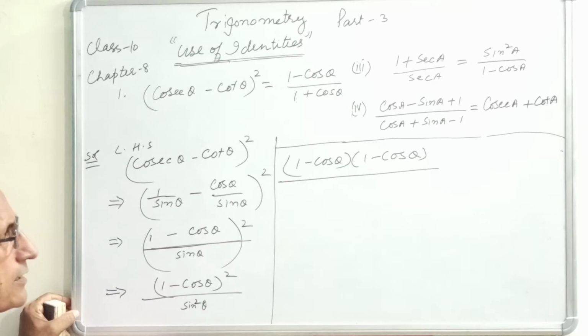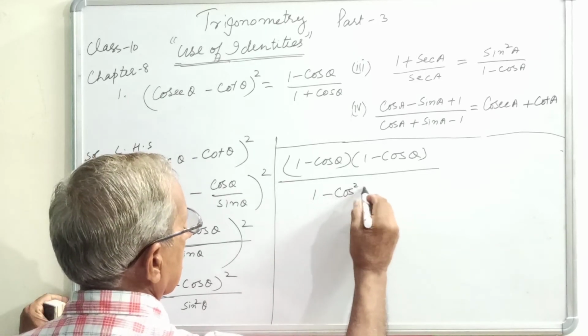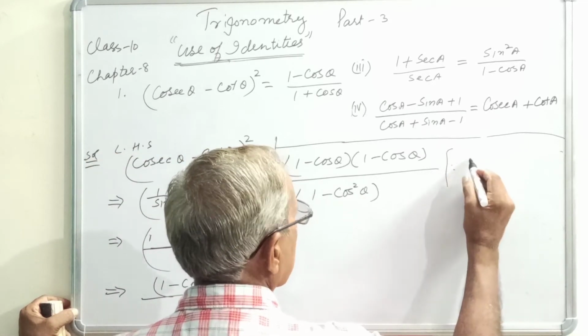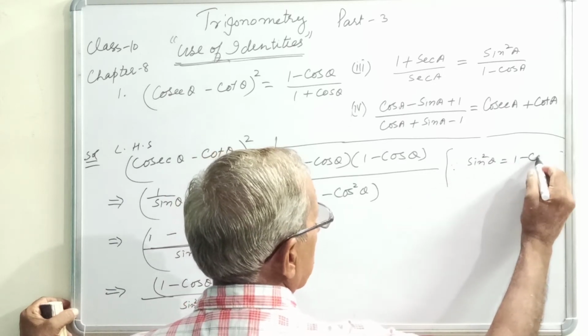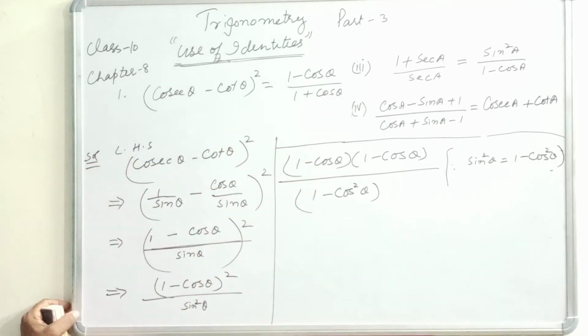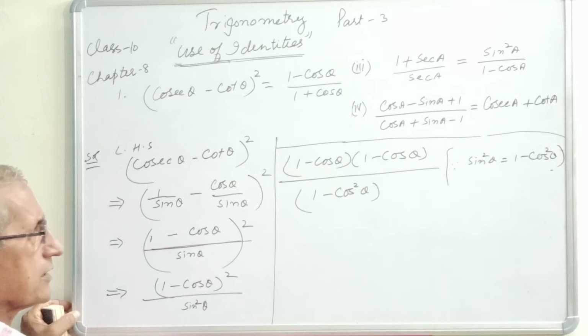And the value of sin square theta is 1 minus cos square theta, because the identity is sin square theta is equal to 1 minus cos square theta. This is the identity.